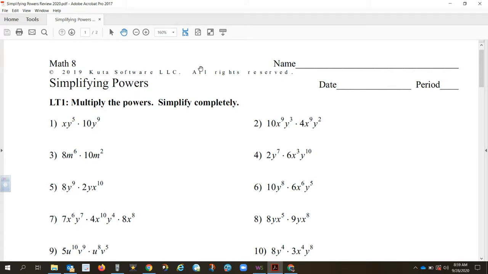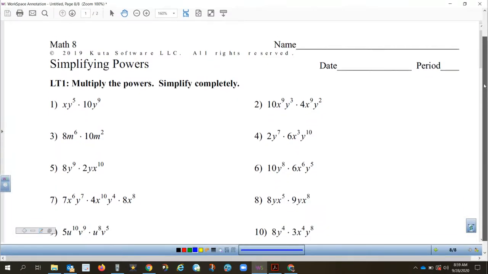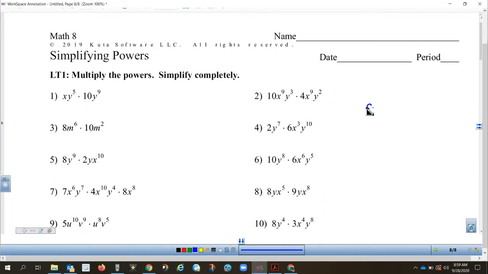So if you go back to the very first video that I ever did on exponents and powers, I believe I wrote something like this: a times x to the n. And I said that this whole thing was called a power. And I said that the a right here was called the coefficient. And the x was called the base.